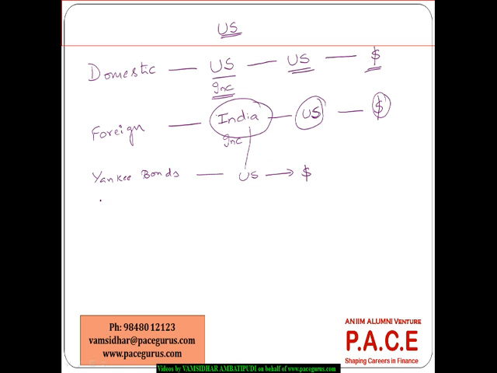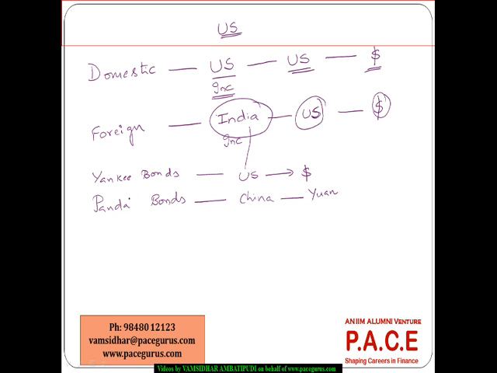The same logic applies when I am talking about any company which is trading its bonds in the Chinese market and issued in yuan; we are talking about them as panda bonds.